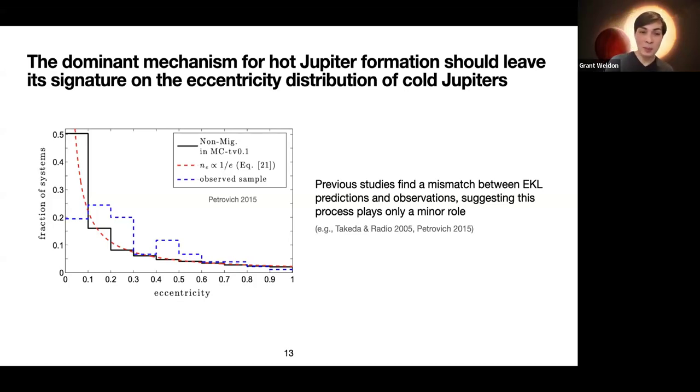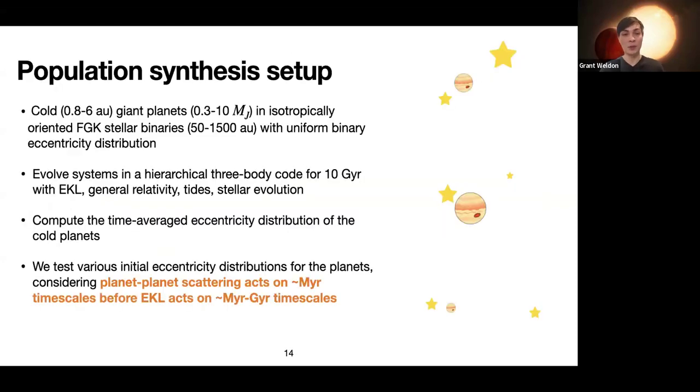EKL leaves too many planets on circular orbits and not enough at slightly more eccentric orbits to produce a match. And so a broad consensus is that EKL only plays a minor role in sculpting the eccentricity distribution and thus informing hot Jupiters. So this is the question that we're going to revisit with some new insights.